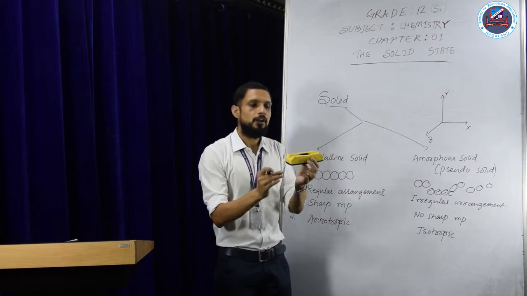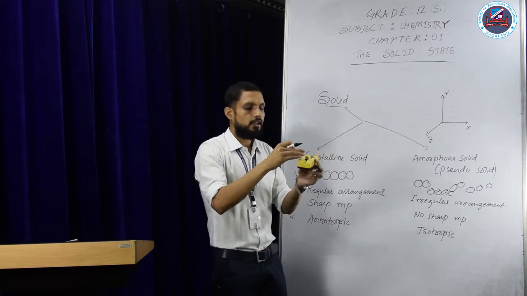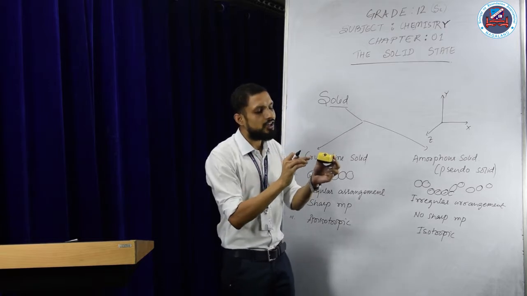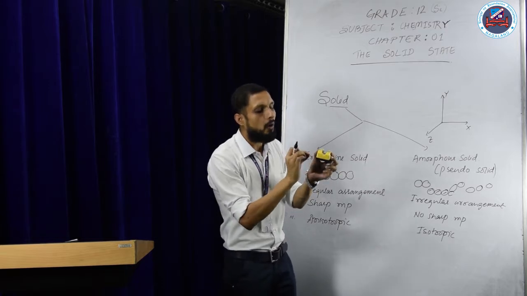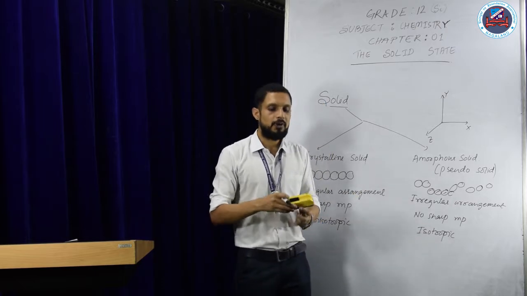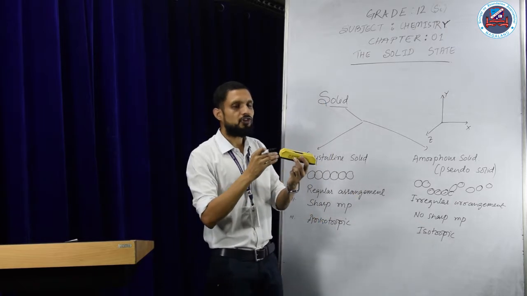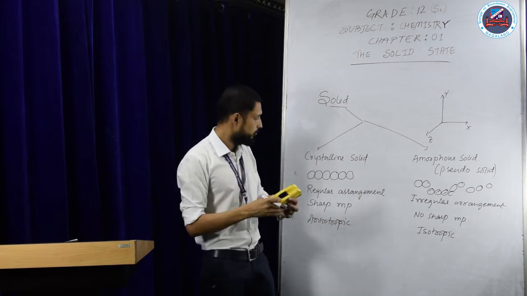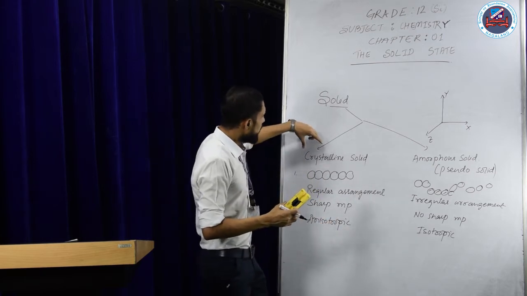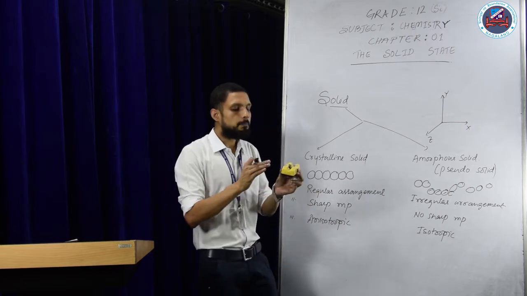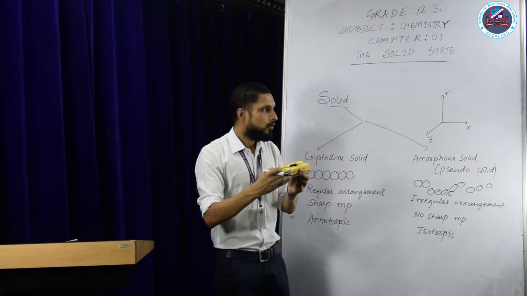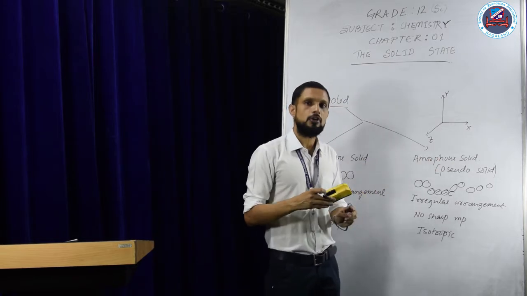If the properties of the solid remain the same along all the axes, then it's known as isotropic. But if the properties are not the same along all the axes, it's known as anisotropic. That means in case of crystalline solid, the properties will differ along different axes, whereas in amorphous solid, they will remain the same.